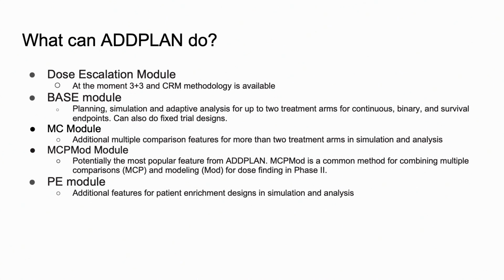We have a multiple comparison module, which allows you to do multi-arm and multi-stage trial design. And then we have MCP mod, which is a common methodology for combining multiple comparisons and modeling for dose finding in phase 2. Lastly, we have the population enrichment module, which includes design and simulation options for doing subgroup analyses.